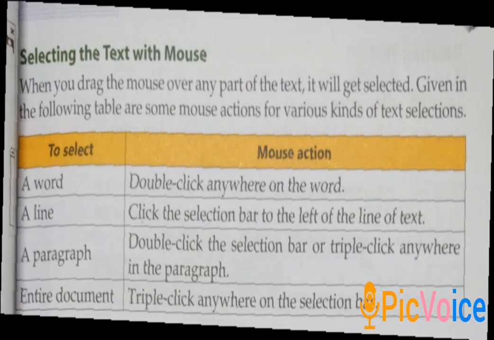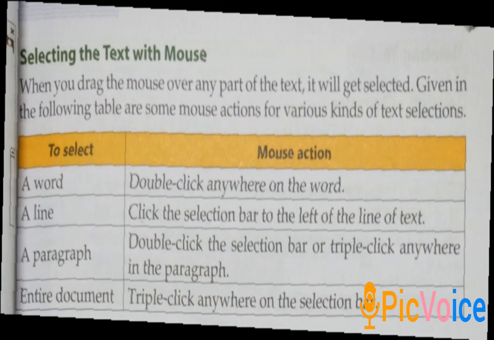Selecting the text with mouse. When you drag the mouse over any part of the text, it will get selected. Given in the following table are some mouse actions for various kinds of text selection. To select a word, double click anywhere on the word.